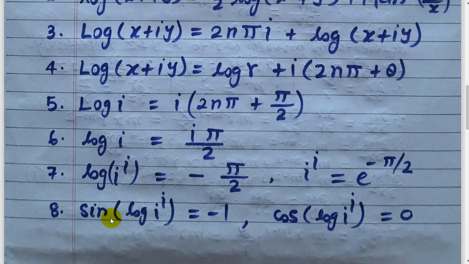Next one, eighth formula, sine of log I raised to I equals minus 1, because you know very well log of I raised to I is minus pi by 2 and sine minus pi upon 2 is minus sine pi by 2 and minus sine pi by 2 is minus into 1, that is minus 1, and cos of log I raised to I, that is cos of minus pi upon 2 is cos pi upon 2 equals 0.